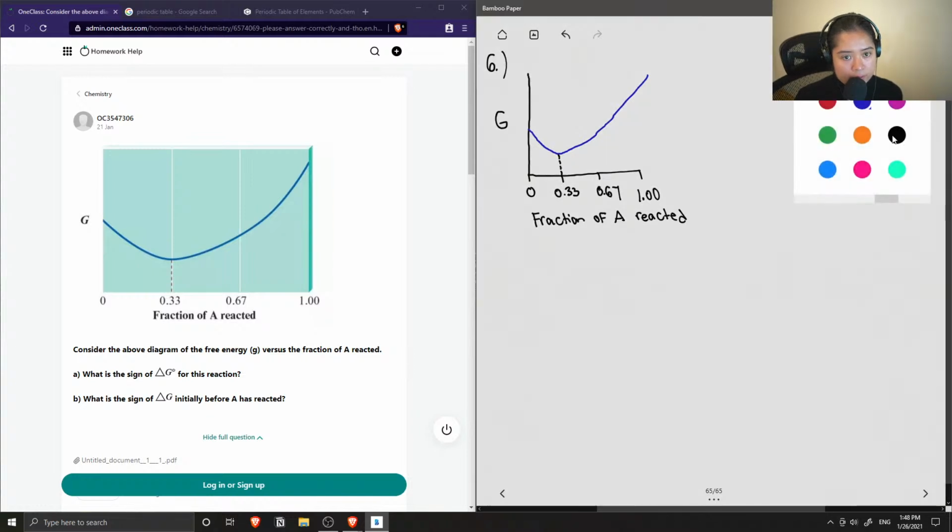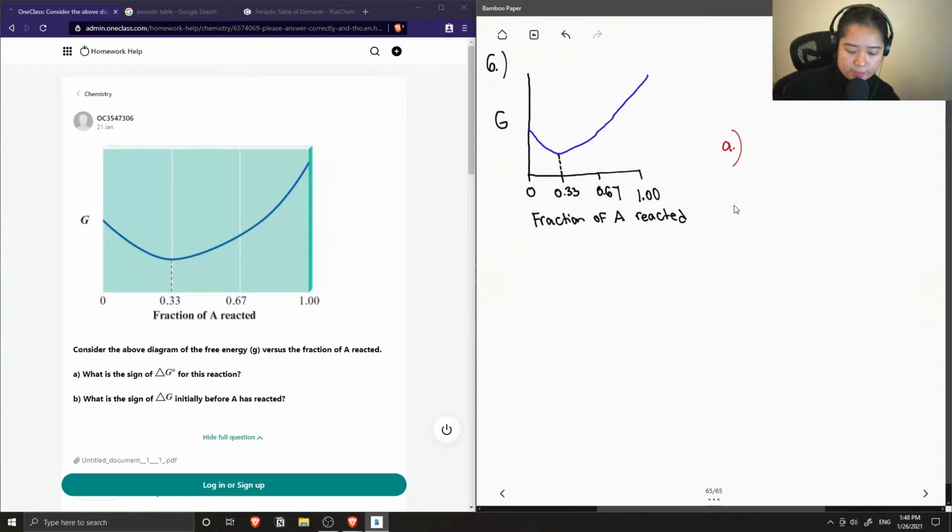Okay, so now for part A, what is the sign of delta G for this reaction? So we know that delta G of a reaction is equal to delta G of our products minus the delta G of our reactants.